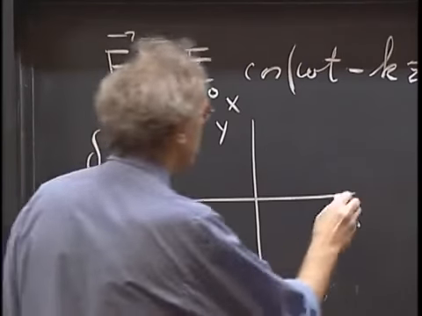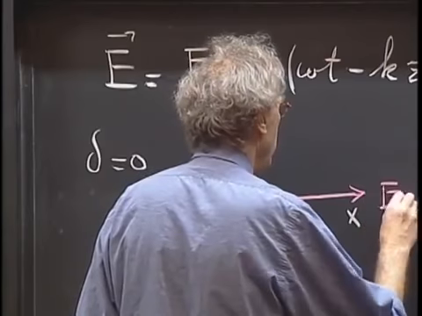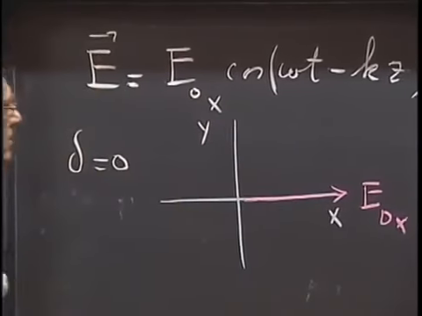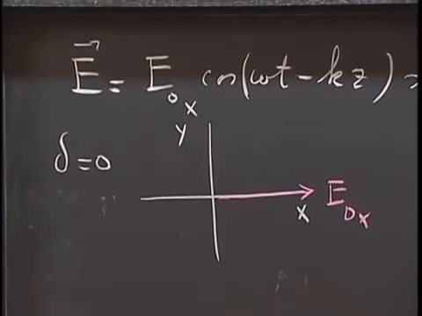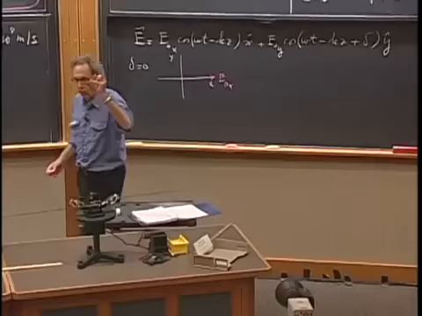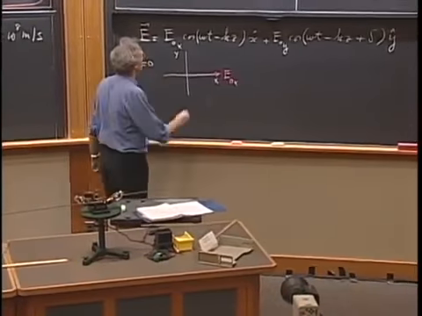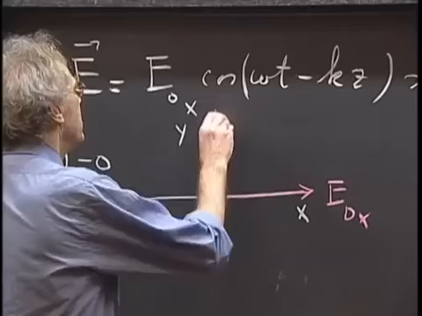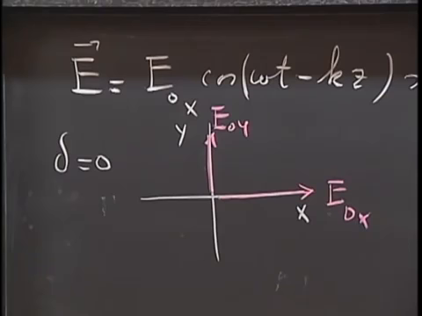At a certain moment in time, the E vector in this direction reaches a maximum, E0x. And if delta is 0, that's the moment in time that the E vector in the y direction also reaches a maximum. So this one, E0y, occurs at the same moment as that one.